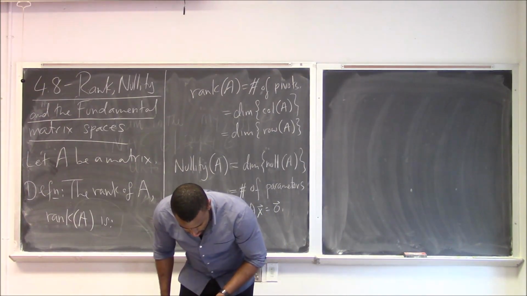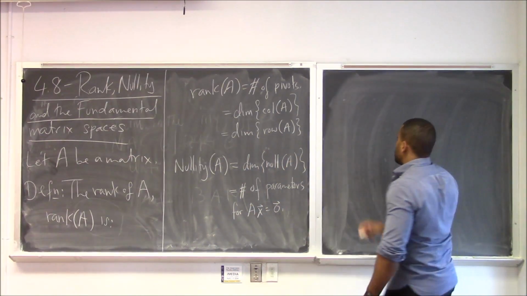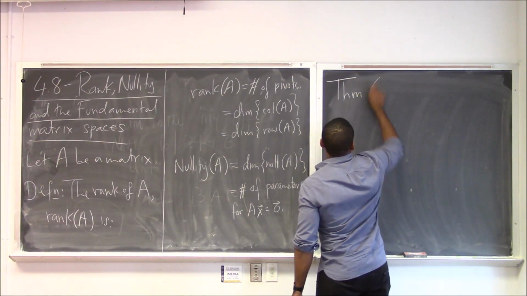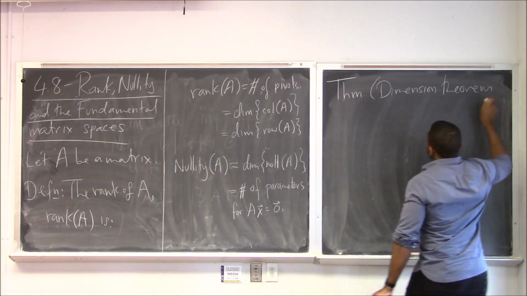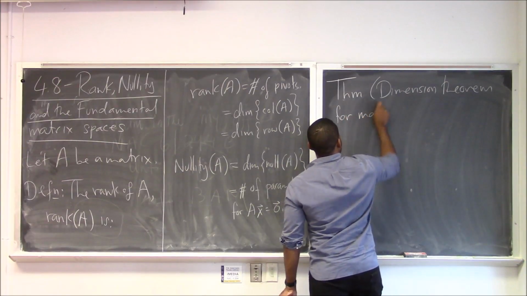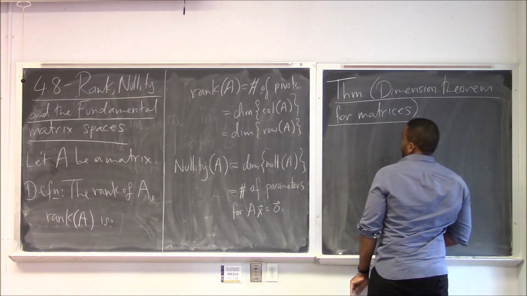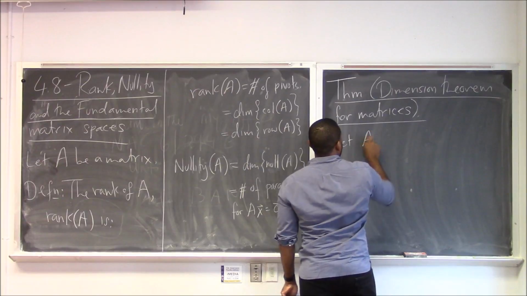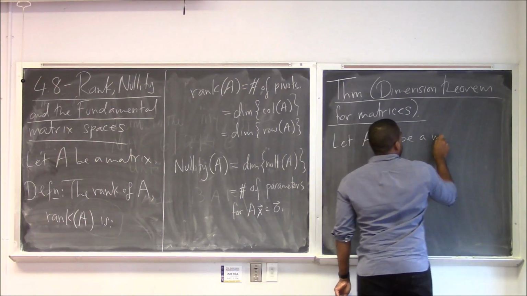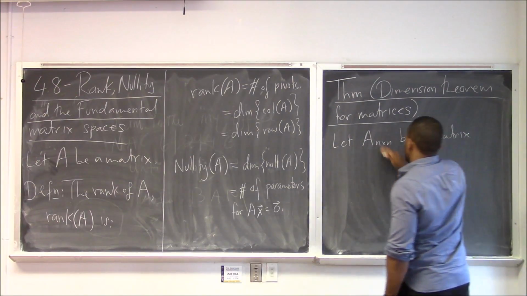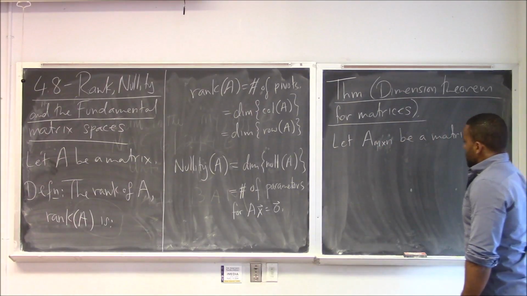What else do we want to define? Oh, there's an important theorem that comes from this. It's called the dimension theorem for matrices. It says: let A be an m by n matrix, not necessarily square.